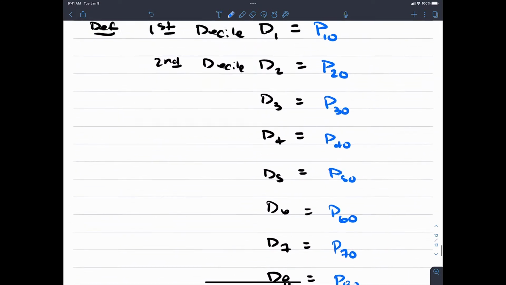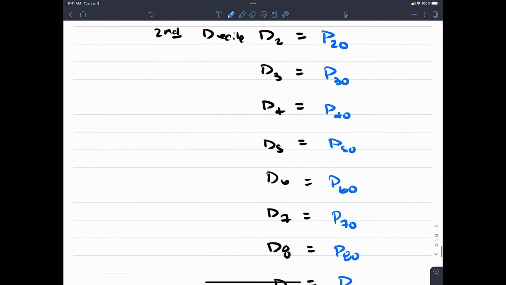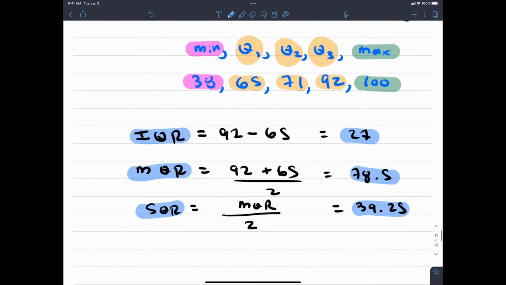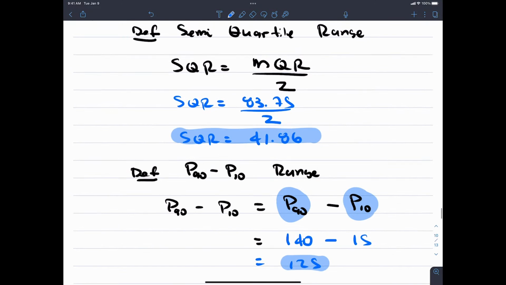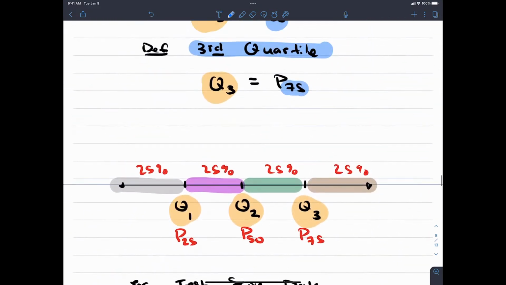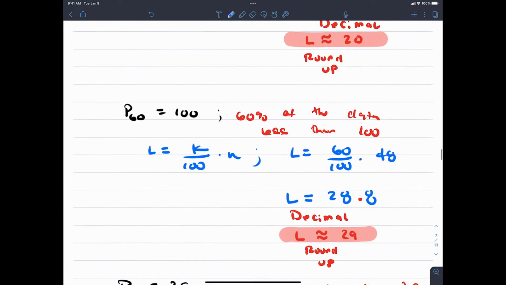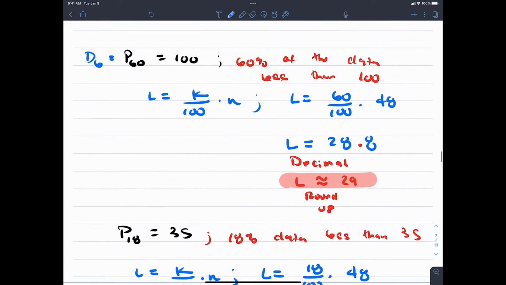Is that right? You guys know what I'm saying? So if I went back to everything we worked on yesterday, I already know some of these values. What is P60? That's D6, ladies and gentlemen. So D6 is what number? 100.